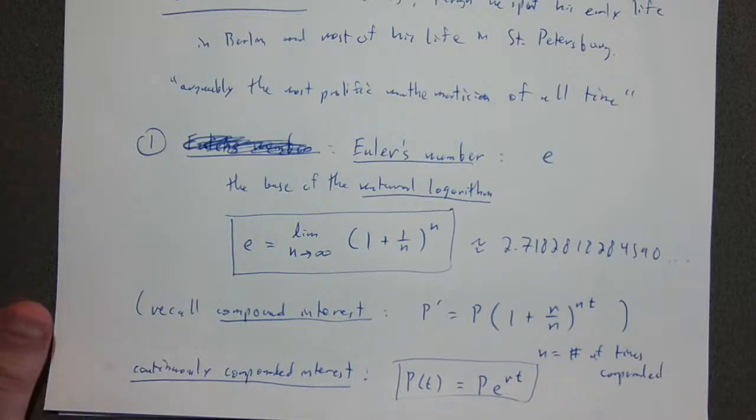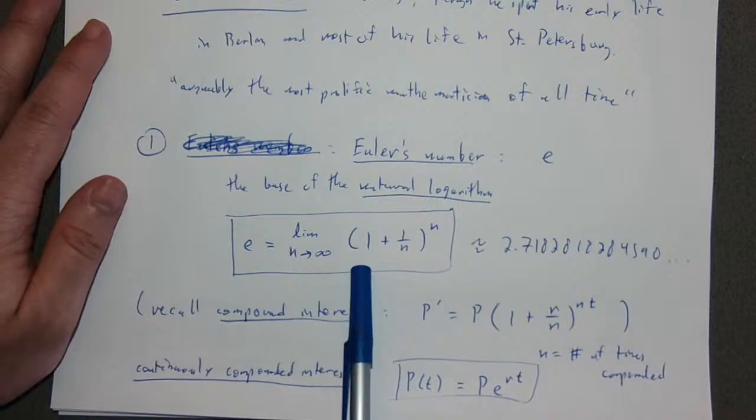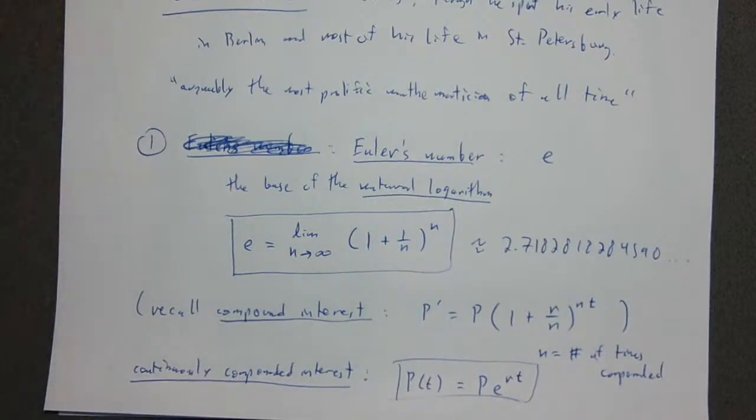But L'Hopital's Rule is a famous theorem that allows you to compute limits using a trick. And you can only use this trick under certain circumstances. The thing that you're trying to take the limit of has to be an indeterminate form. Well, it turns out this is one of those indeterminate form limits.